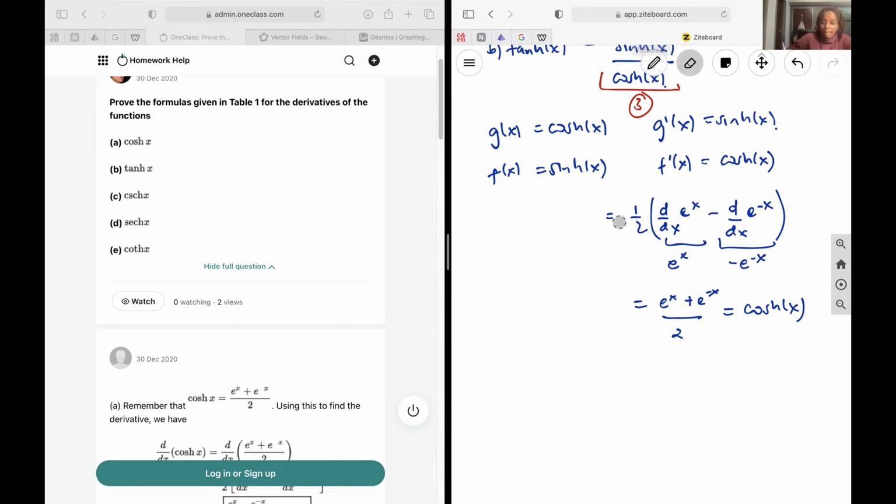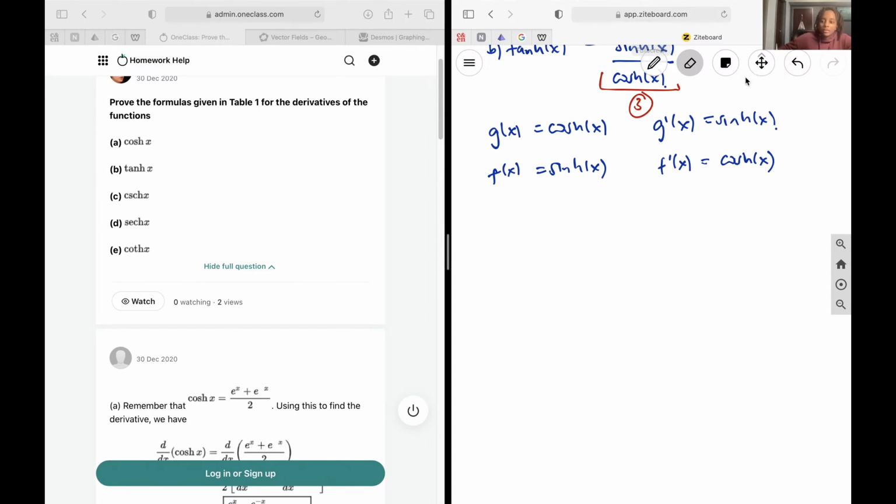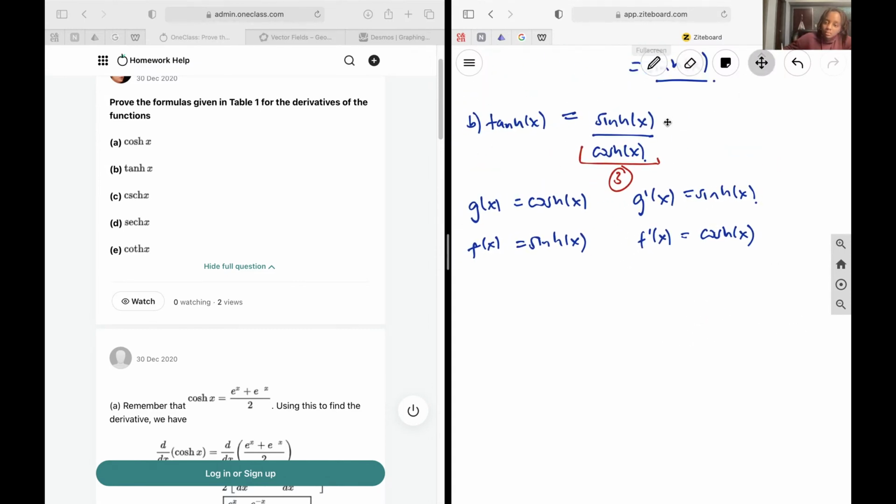Okay, now combining all of these and applying the quotient rule, this will give us f prime x, so cosh x, multiplied by g of x, so by cosh x, so that's squared, minus this multiplied by this, so sinh squared x, all over cosh squared x.